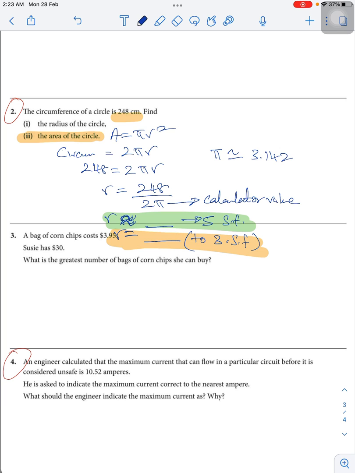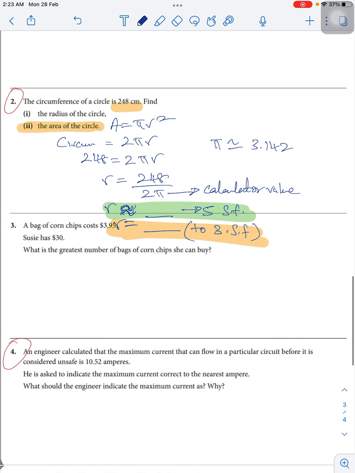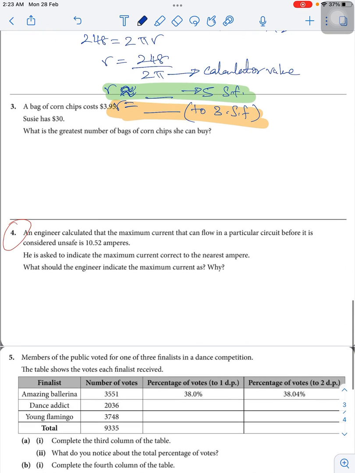Okay, now last question. An engineer calculated the maximum current that flows in a particular circuit to be considered unsafe is 10.52 amperes. He is asked to indicate the maximum current corrected to the nearest ampere.